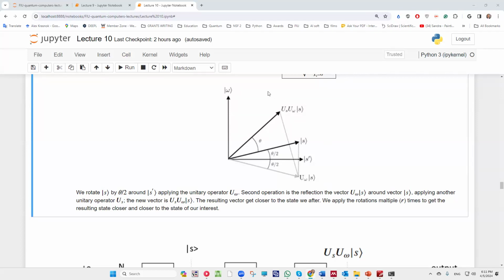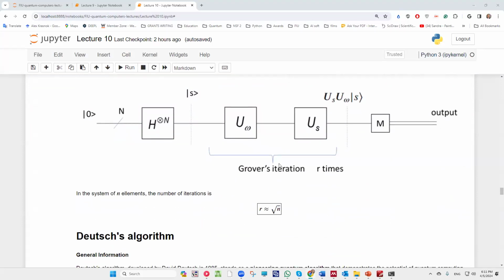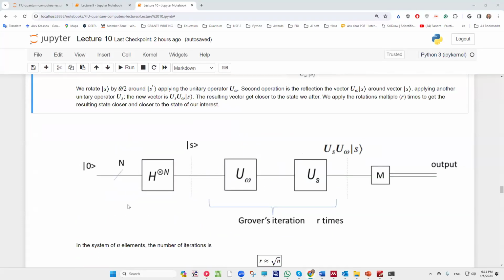Then rotate it again around vector S, I will get another vector which is even closer to the vector omega. Repeating this operation several times, I will get a vector aligning almost perfectly with the vector of our interest. This is the schematic presentation of this idea.